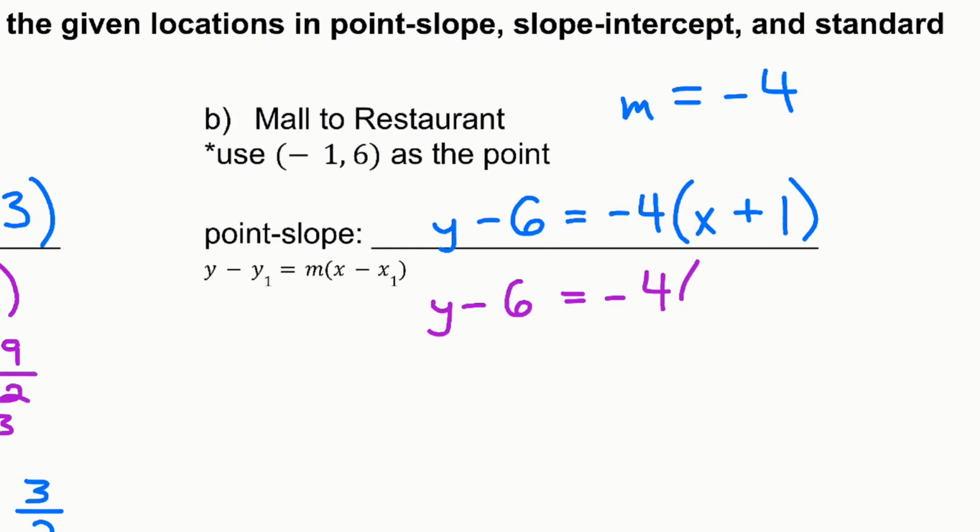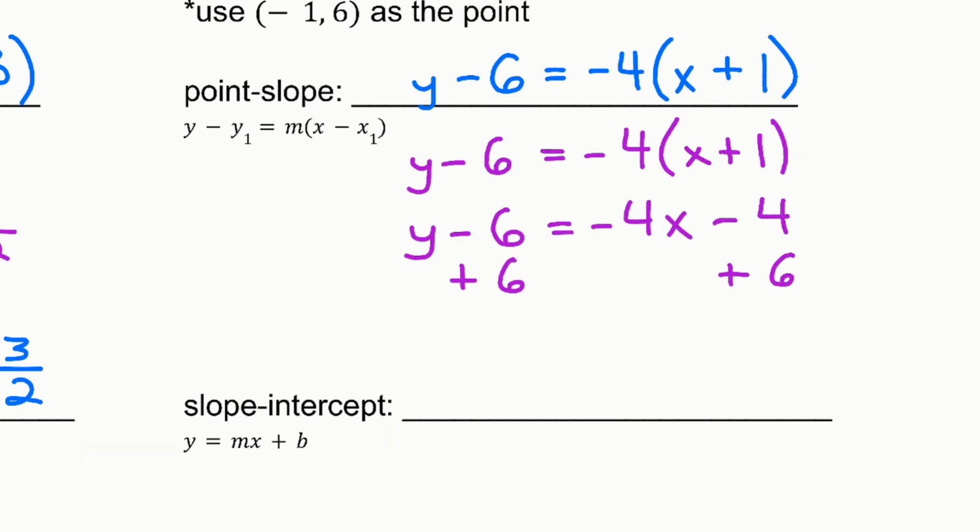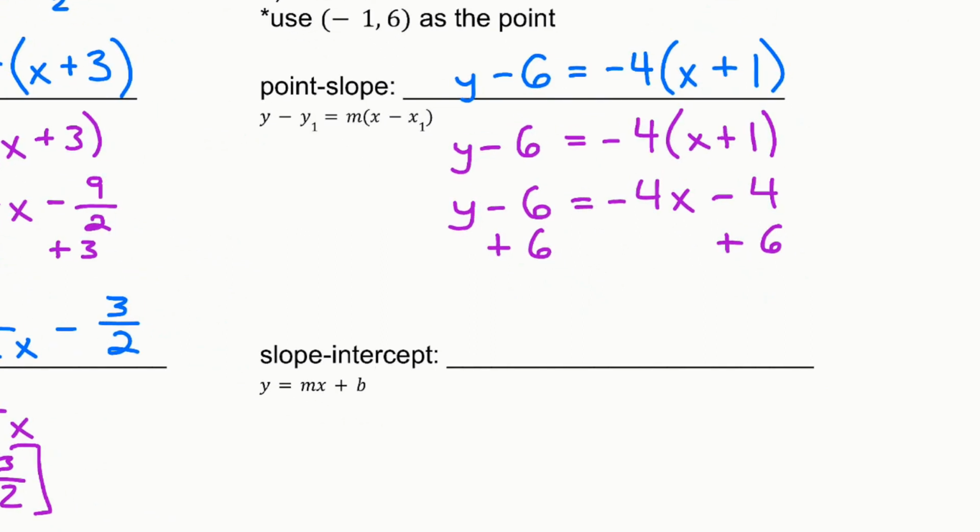So -4 times x plus 1. This will be y minus 6 equals -4x. -4 times 1 is -4. I'm going to add 6 to both sides. What happens then is these 6's will cancel, and you'll be left with y equals -4x plus 2.